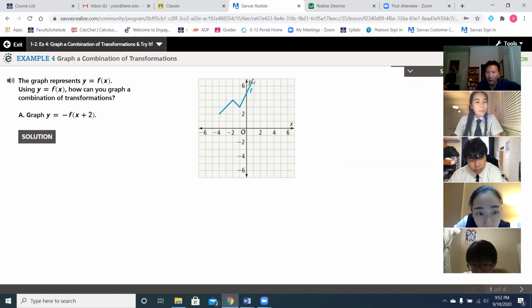The graph represents y equals f(x). You see, f here represents f(x). Using this graph, how can you graph a combination of transformations? This is a graph of f(x). Can you graph y equals negative f(x) plus 2? Think about that one. Tell me how you can graph that one.